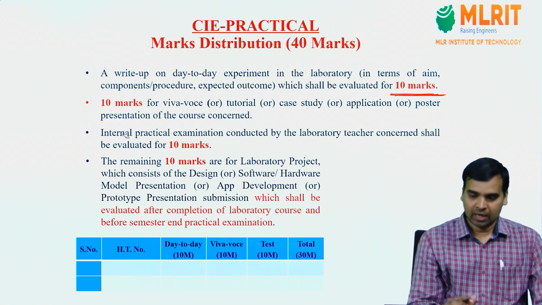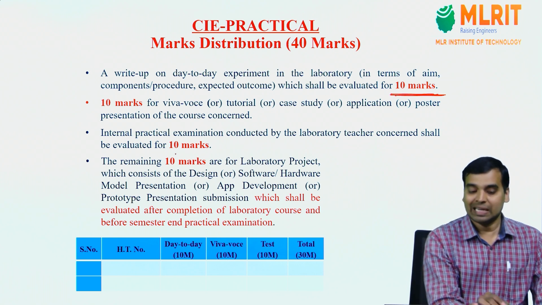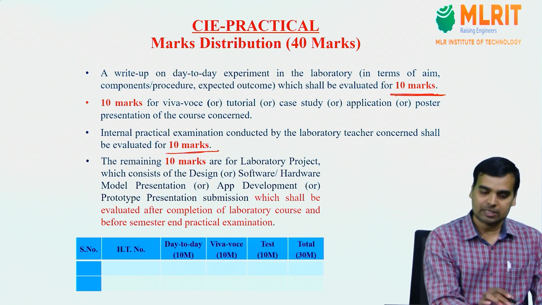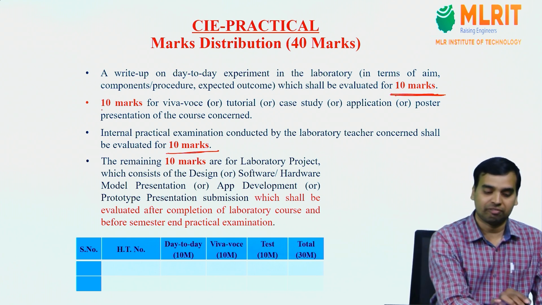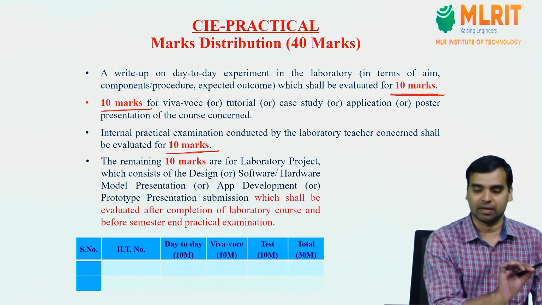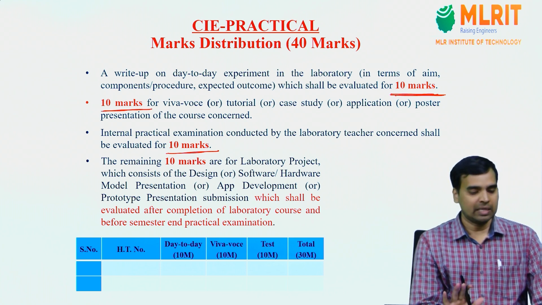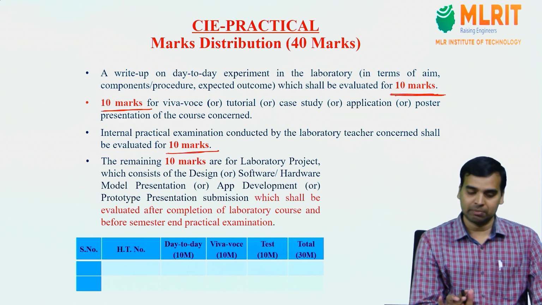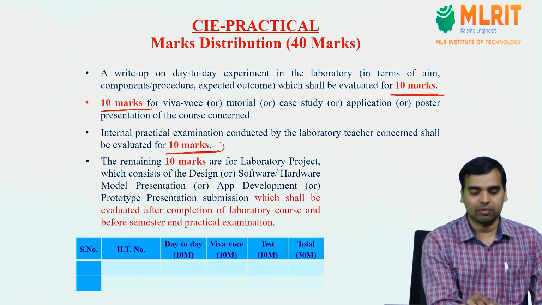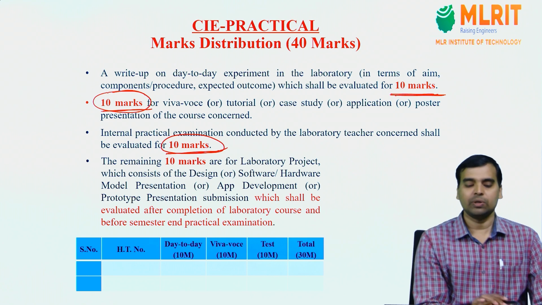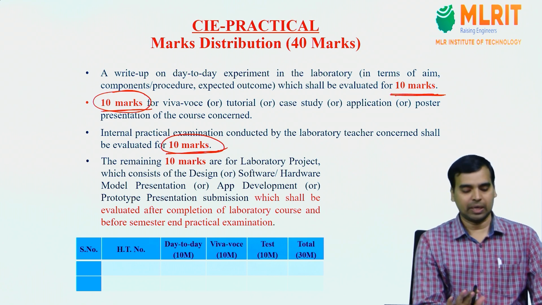In that lab internal 1 exam, the experiment will be evaluated out of 10 marks, and faculty will conduct Viva voce out of 10 marks. I hope it's clear. So the lab internal exam will be evaluated out of 20 marks: 10 marks for the experiment and 10 for Viva voce. In such a way, the faculty are going to conduct the lab internal exam.